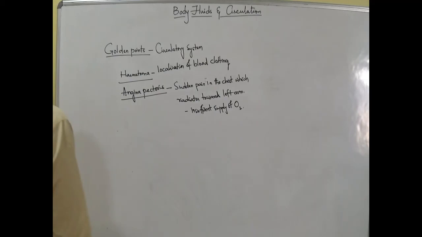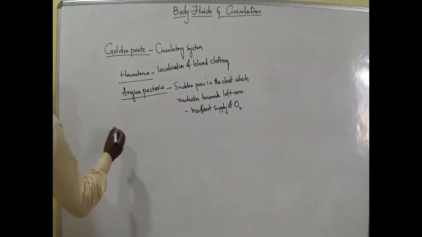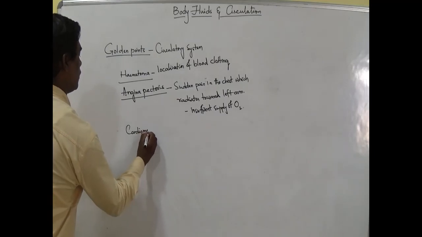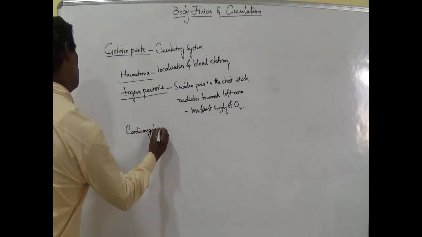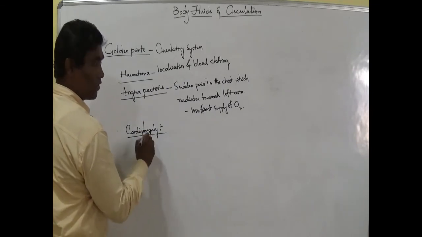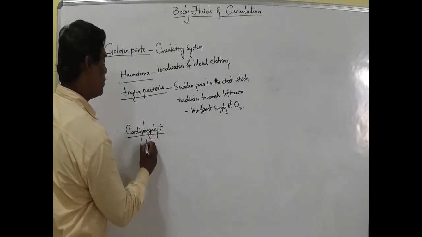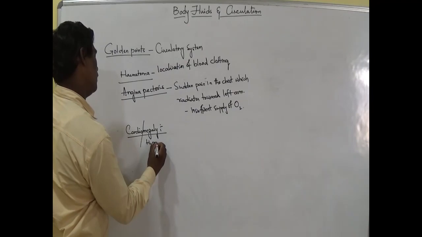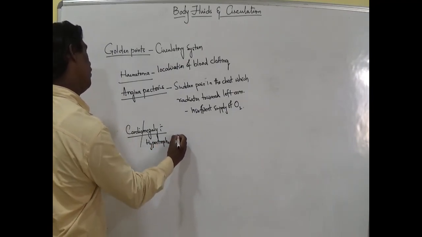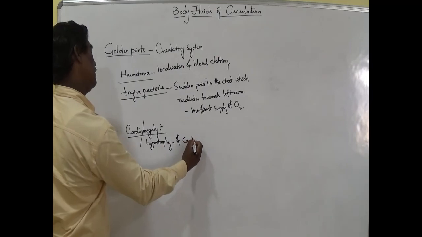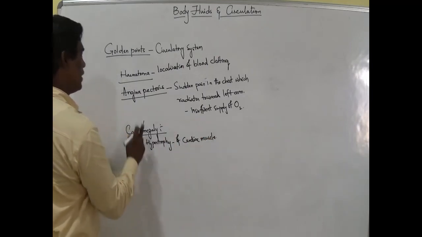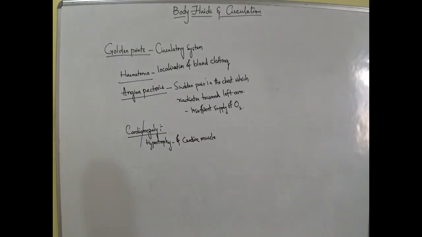Other than that, we have cardiomegaly. Cardio means heart or heart muscles. Megaly means hypertrophy. So hypertrophy of cardiac muscles leads to a disease condition called cardiomegaly.